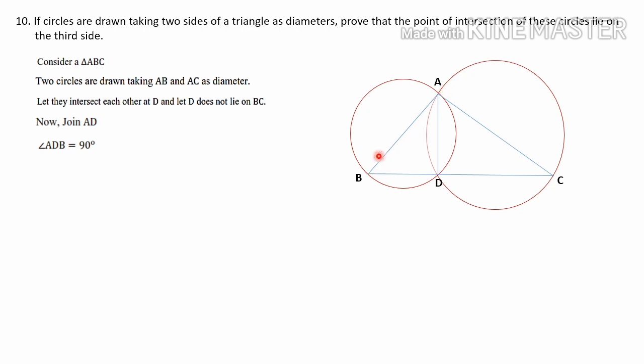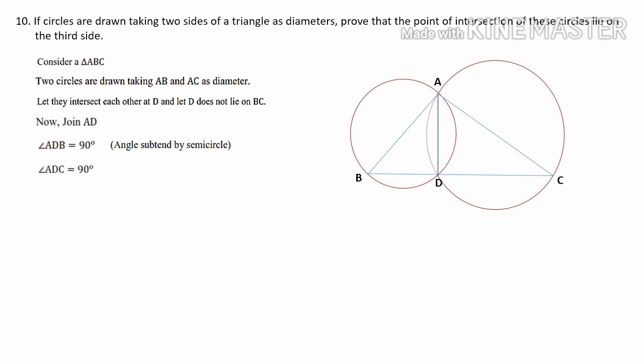So AB is the diameter, which means ADB is a semicircle, and angle ADB is the angle in the semicircle. So the angle in a semicircle is 90 degrees. That is the reason: the angle subtended by a semicircle is 90 degrees. This is a standard statement; if you did not study it, you have to study it. So angle ADB is 90 degrees.